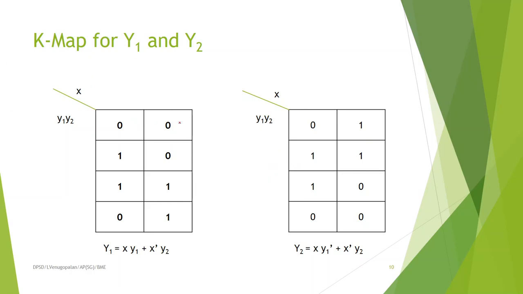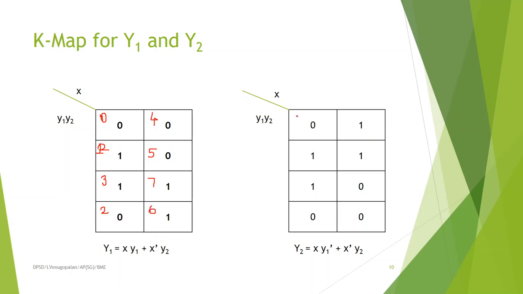Now, in order to do the transition map, I just write the two K-maps next to each other. And then, let us just say the cells are numbered 0, 1, 3, 2, 4, 5, 7, 6.